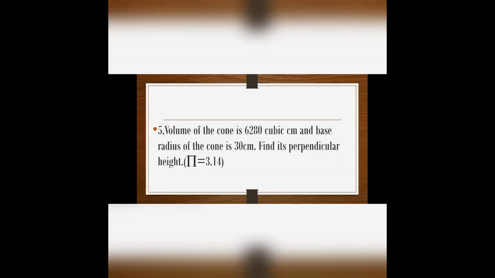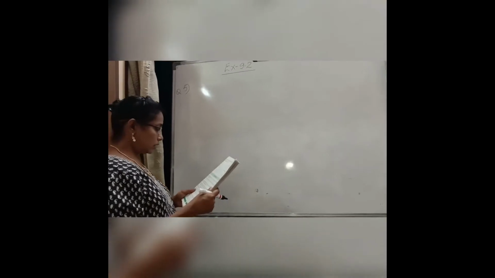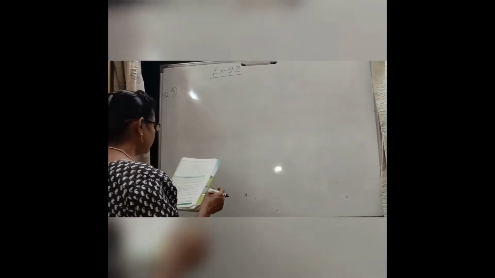Question number 5. Volume of cone is 6280 cubic centimeter and base radius of the cone is 30 centimeter. Find its perpendicular height. Pi is equal to 3.14. In this question, volume of cone is given.